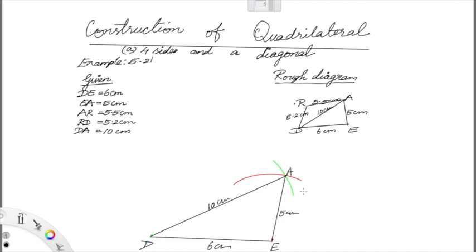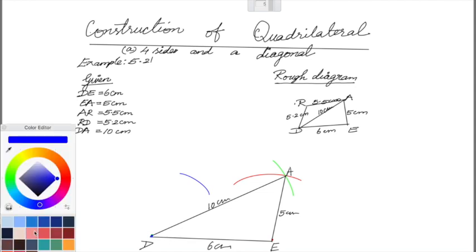And now, again using the compass, you have to construct the vertex R. Take 5.2 centimeter in your compass and place it at D and cut an arc. And now take 5.5 centimeter in your compass and place it at A and cut an arc to the previous arc. Are you getting, ma?